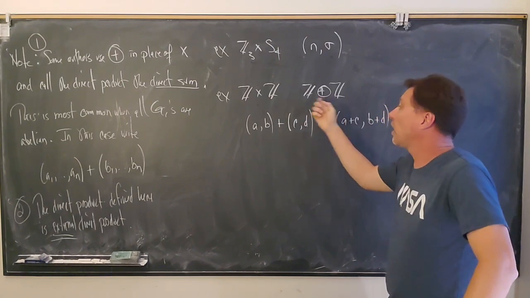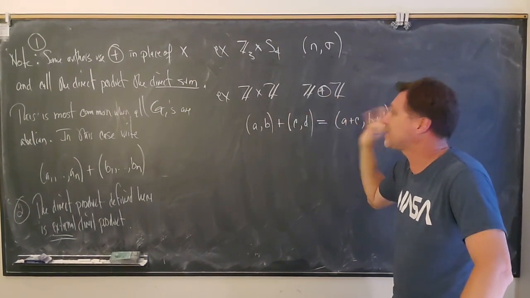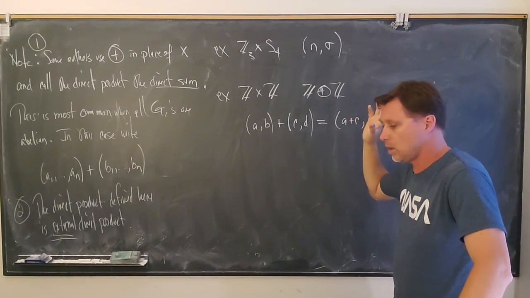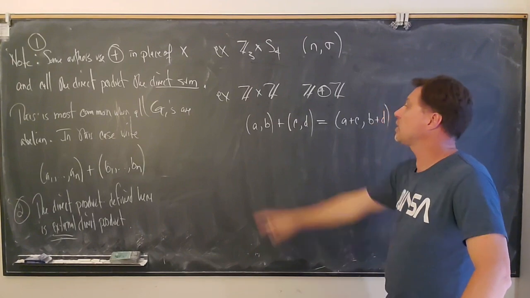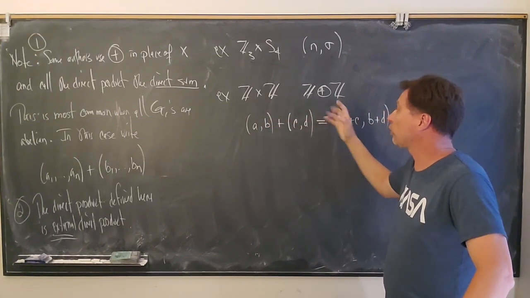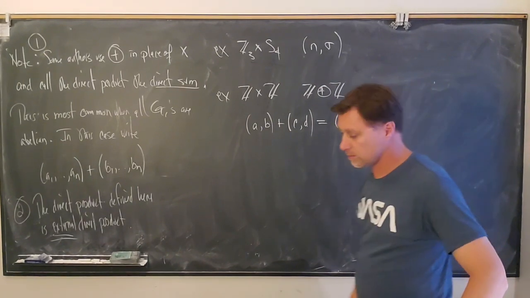So just be aware, I tend to go back and forth between these two things. It means the same thing, set-wise. It's just the set of ordered tuples. And then the operation is whatever operations you get from the component groups. In this case, because we have Z's in both cases, it's addition in both cases.